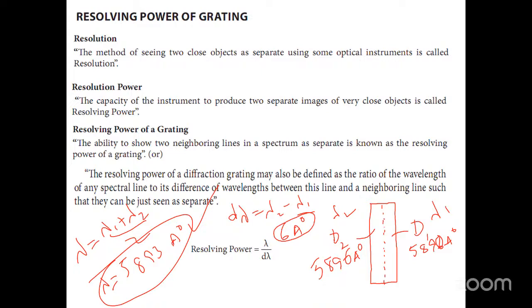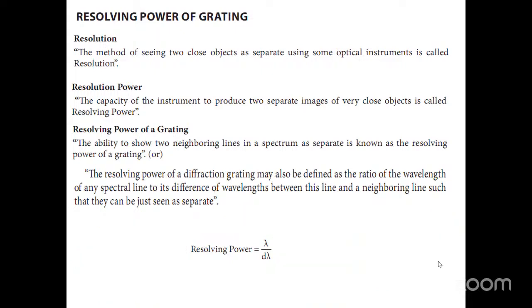So you can go for this. So what is the resolving power? Resolving power of a grating means the ability to show two neighboring lines, in yellow color itself, D1 and D2.